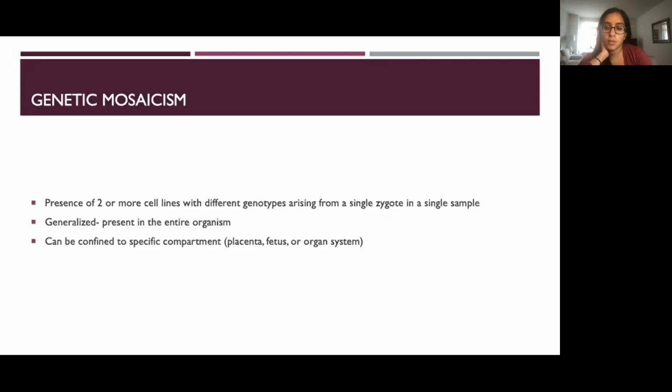By understanding the developmental origin of the cells biopsied via CVS, amniocentesis, or postnatal karyotyping, clinicians can use the appropriate testing methods to distinguish between placental mosaicism and generalized mosaicism.